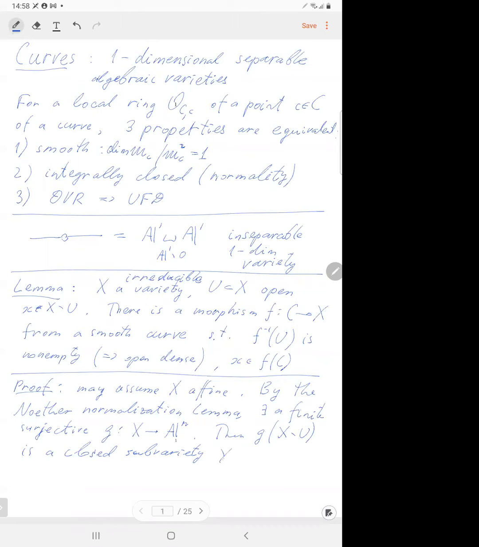So this image, say Z, is strictly smaller than our affine space, and V is the complement. So it's an open subvariety in the affine space, and then just by definition, the preimage of this open V is contained in U, just by construction.